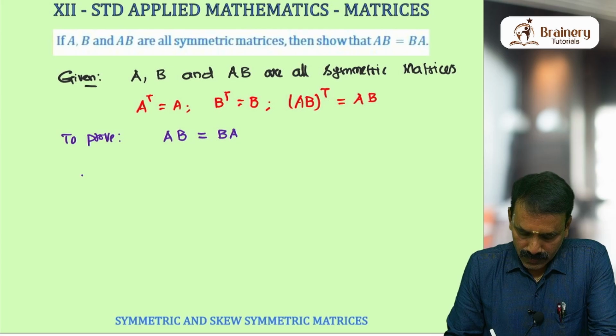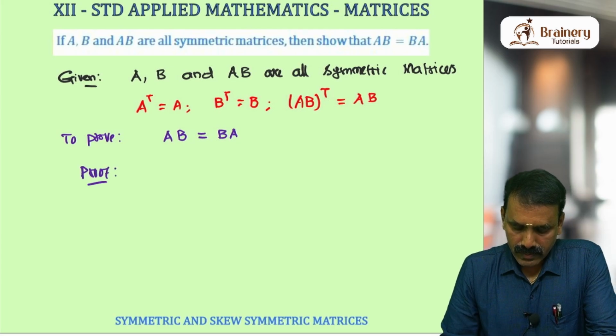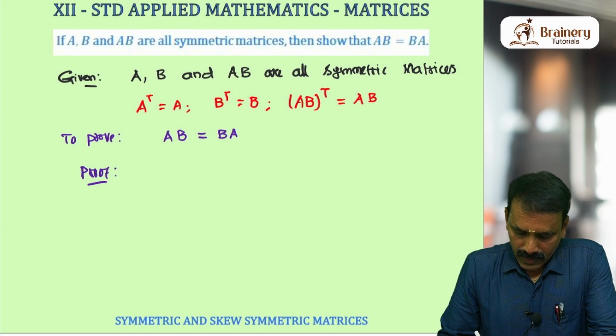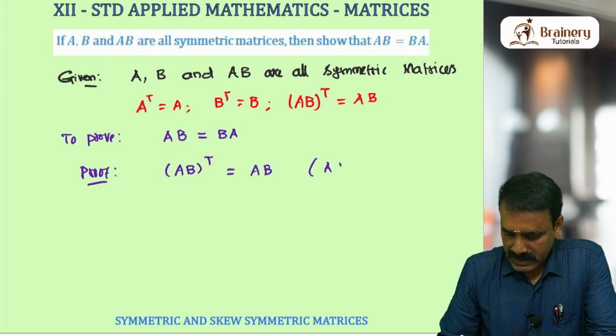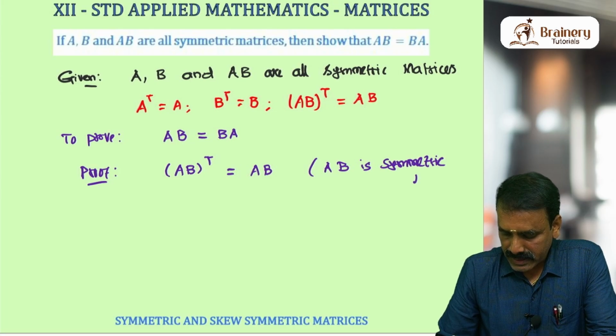So we prove. We start with AB whole transpose is equal to AB. Why? Because AB is a symmetric matrix.